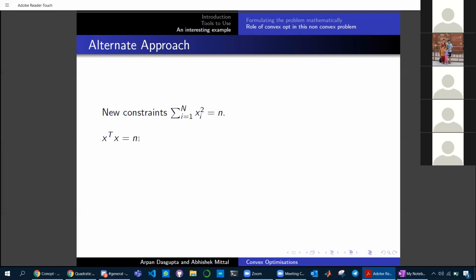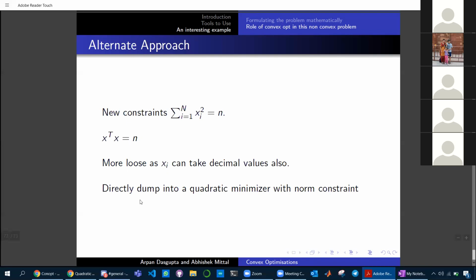None of the algorithms are very efficient in solving any kind of non-convex function in general, but for certain classes of non-convex functions specific algorithms are being developed. There is a specific algorithm for solving a quadratic objective function constrained with a fixed norm, and we can directly dump this problem into that and try to get the optimal solution and the optimal value.